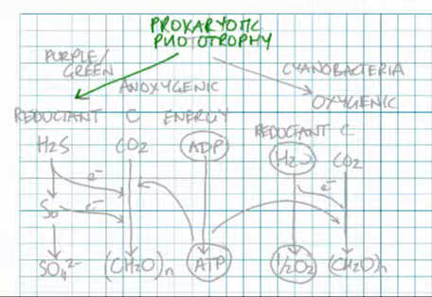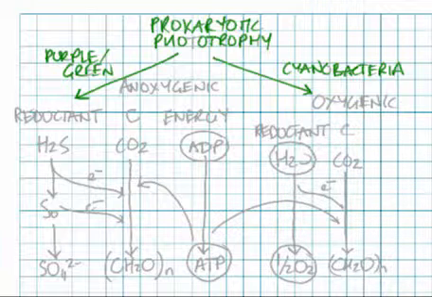First of all, we'll look at the purple and the green bacteria, and then in a moment we'll come over here and we'll look at cyanobacterial photosynthesis. And the cyanobacterial photosynthesis is going to be just like green plant photosynthesis in many respects, with some interesting twists. Okay, so let's go back over to our purple and green bacteria.